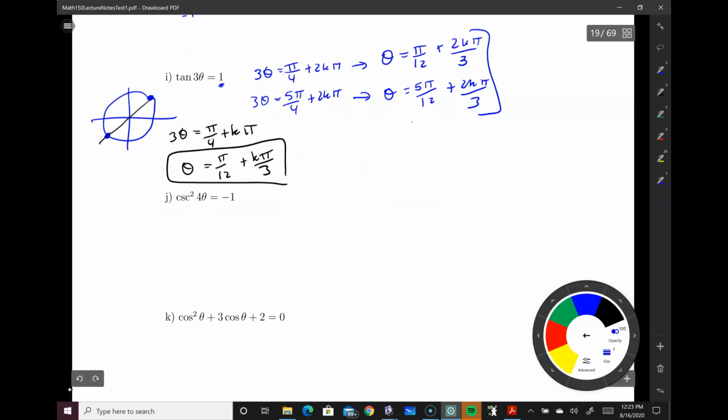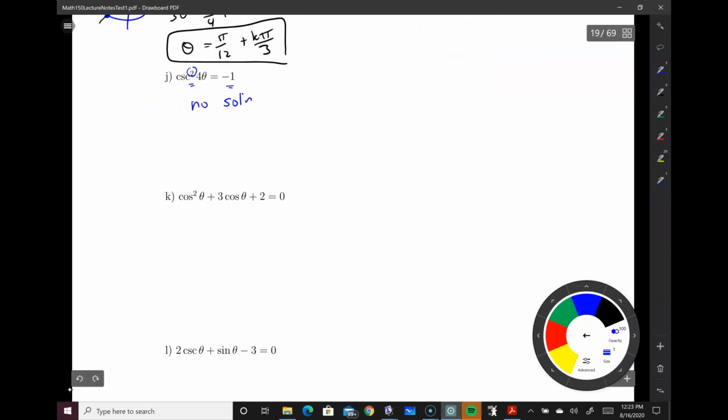All right, so here cosine squared cosecant squared equaling -1. That can't happen. You can't have a squared equaling a -1, so no solution. All right, so there's 3 terms here. If you saw x squared plus 3x plus 2, you would know what to do.